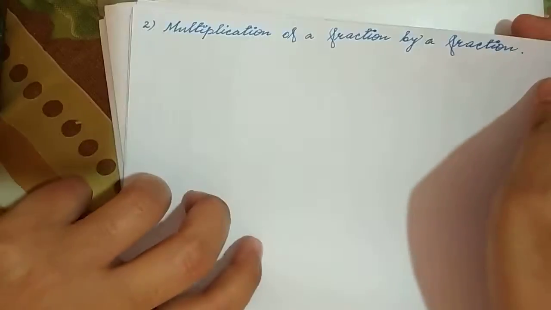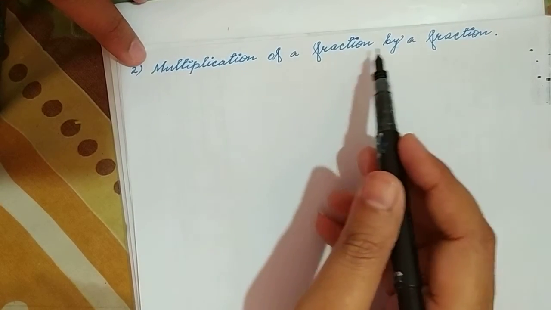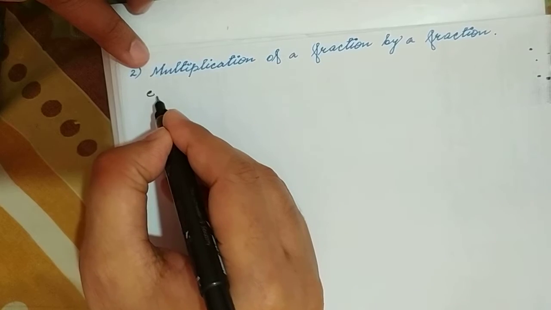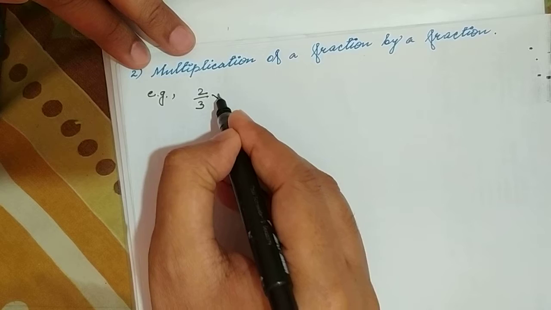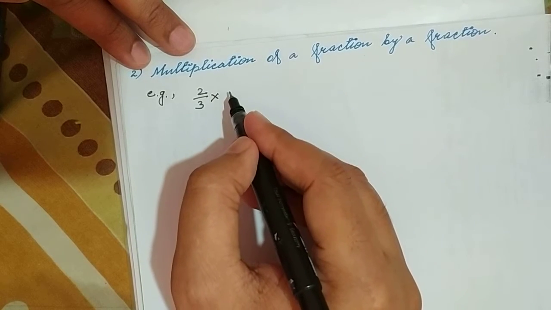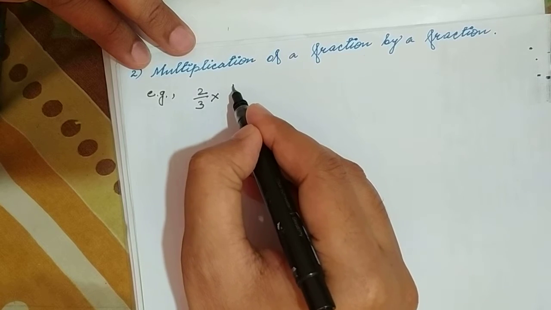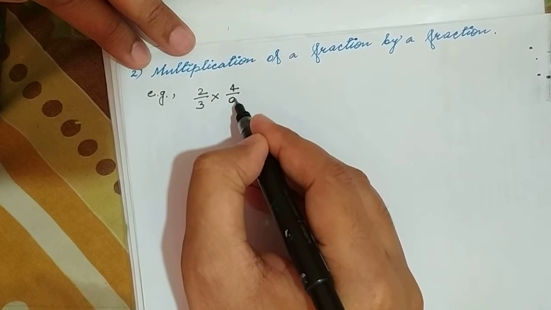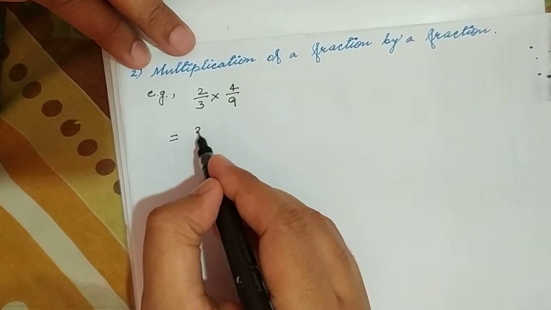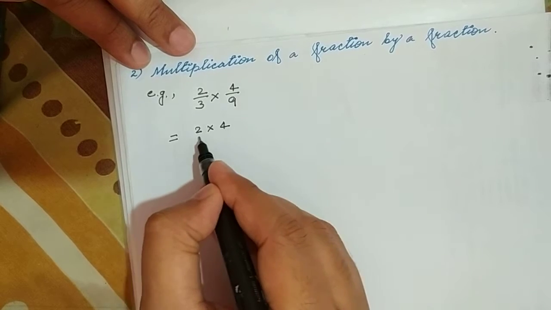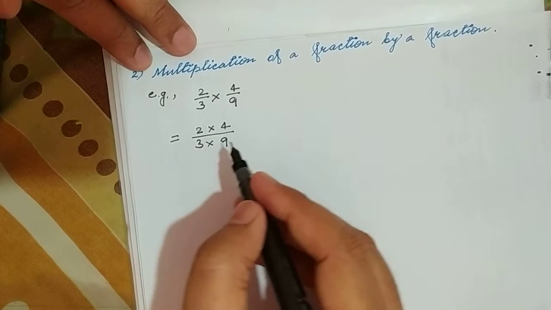So second topic है अपना कि multiplication of a fraction by a fraction. अगर किसी फ्रैक्शन को दूसरे फ्रैक्शन से मल्टीप्लाई करना हो, so here we'll do the same. 2 into 4 product of numerators upon product of denominators.